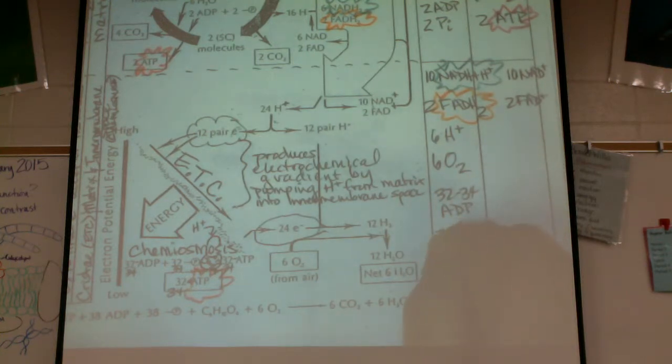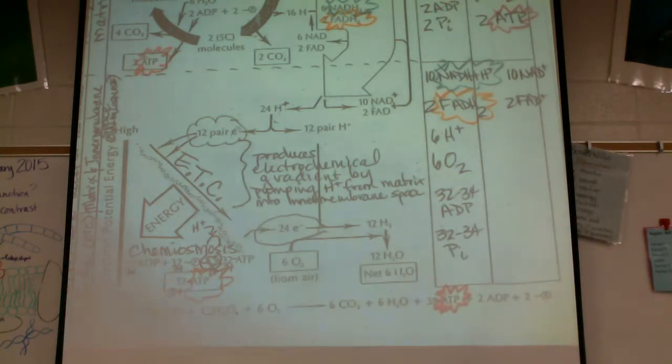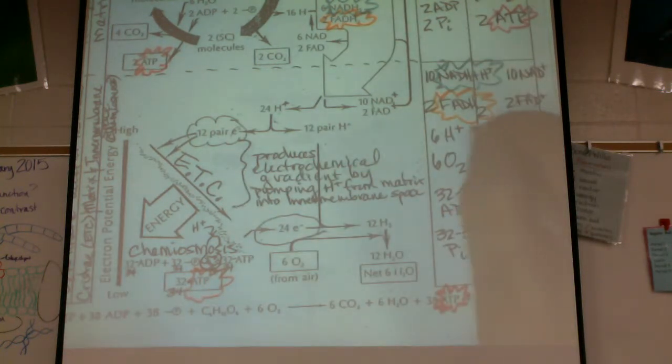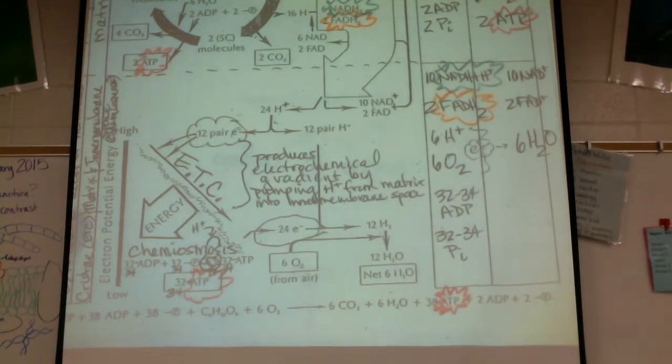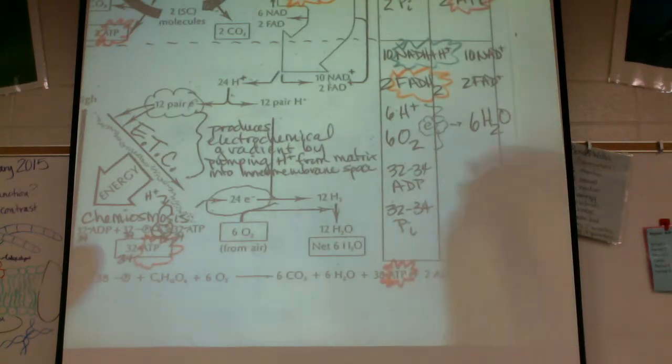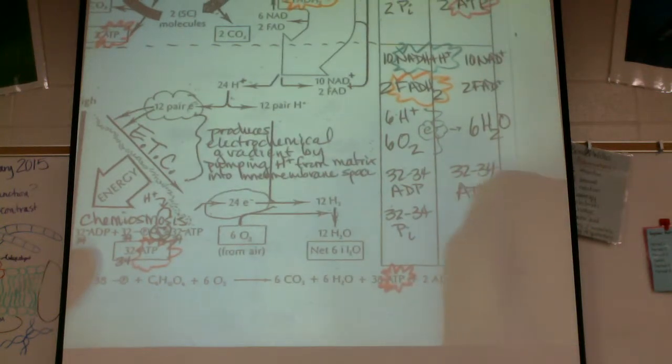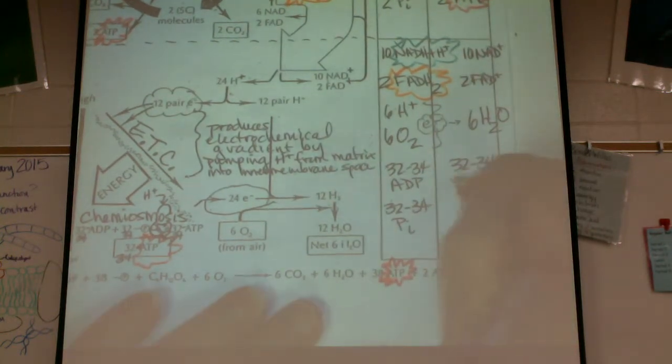We're also going to need, of course, 32 to 34 Pi's to go with that, so that we're going to end up with, plus those lovely little electrons, 6 waters. You're also going to get 32 to 34 ATP from that process.